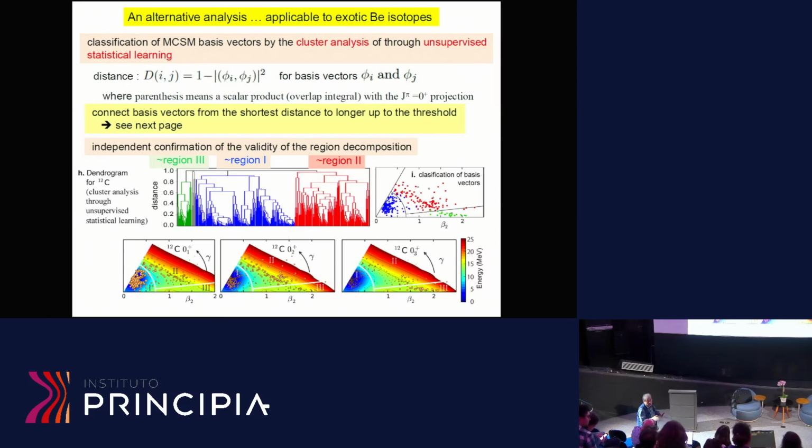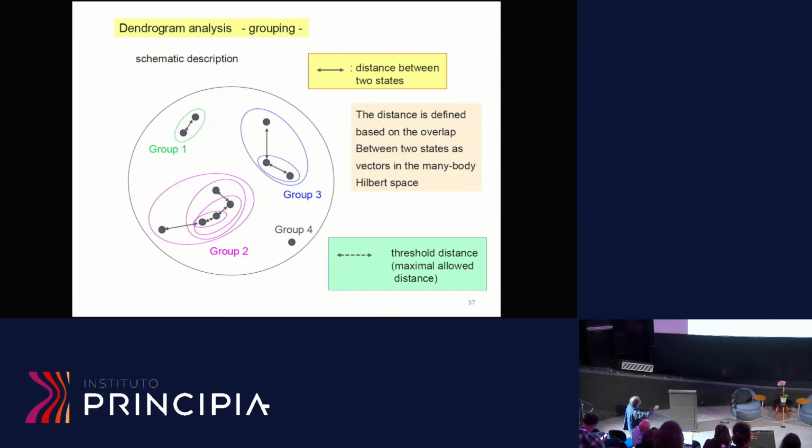So those are two independent approaches. This one is completely of IT type or mathematical type. So in this method, physics is not known, just mathematics or IT type. But the result is the same as the consideration based on nuclear deformations.